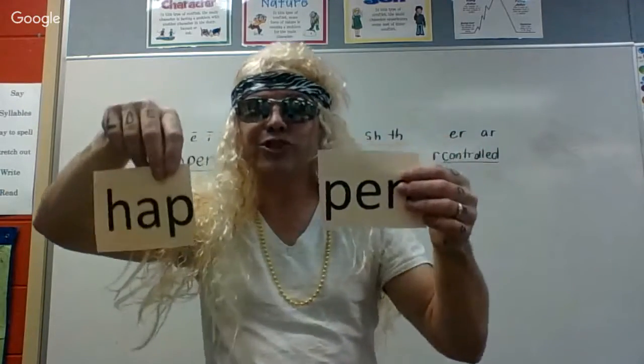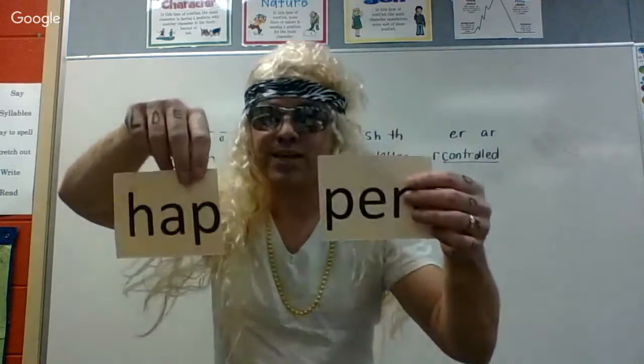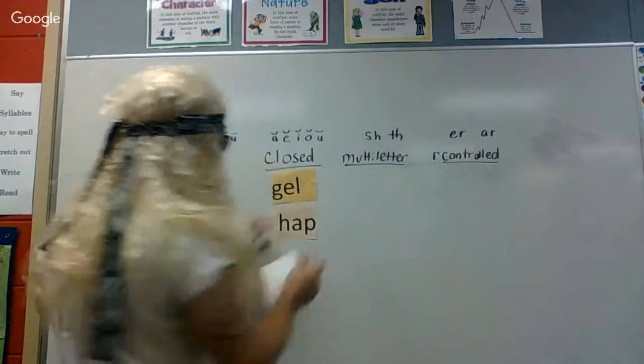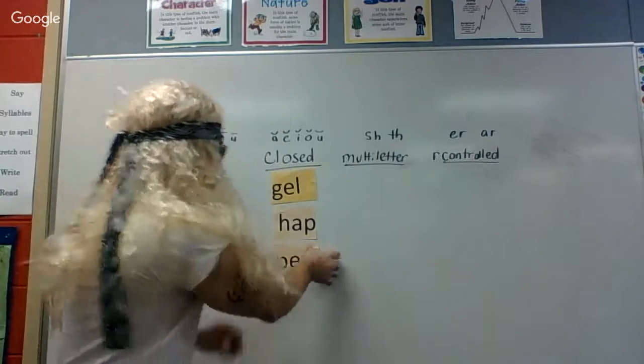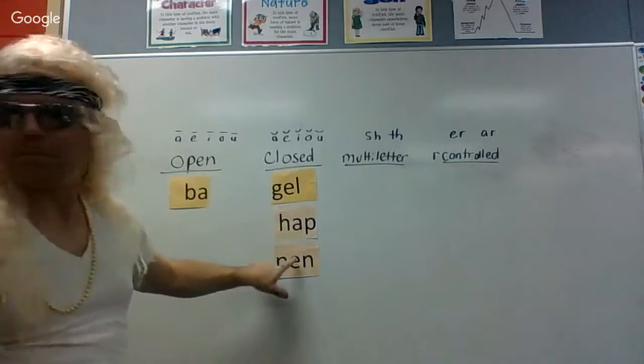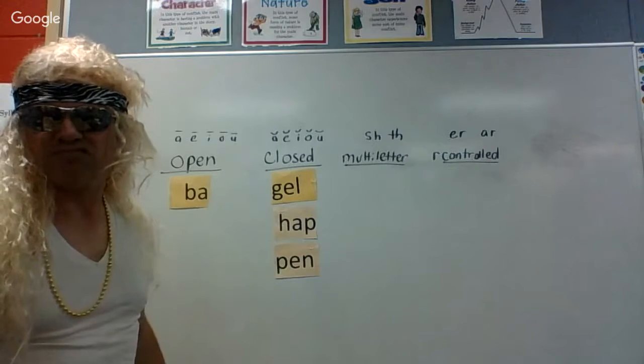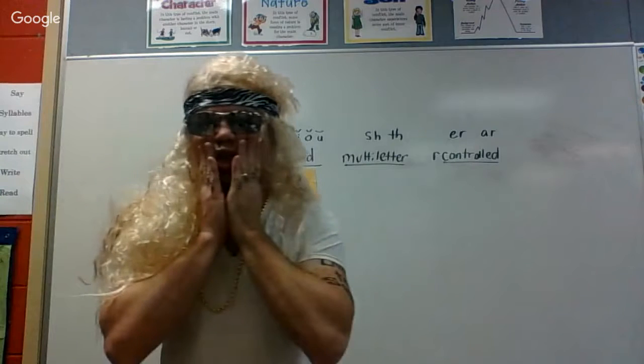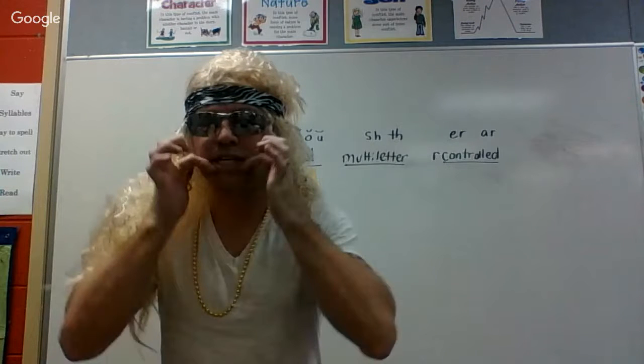I'm going to split the syllables right there. When I hear or see two consonants in the middle of a word, I split it in the middle. And guess what? Both of these syllables are closed, because I don't say hape, peen, do I? That sounds weird. These are not saying their name, being squished together to make that smiley sound, right?